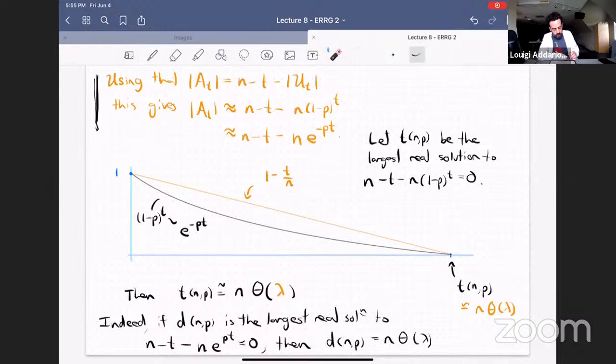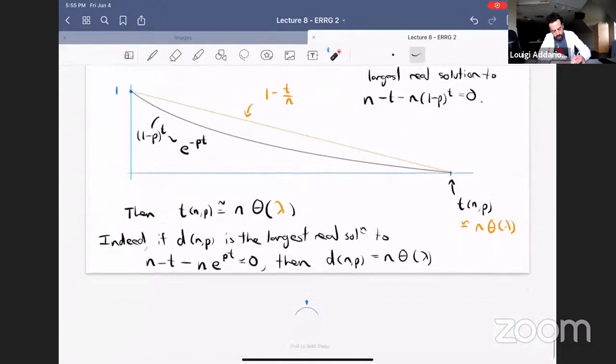You can see this identity is the one that defined the Poisson critical survival probability.